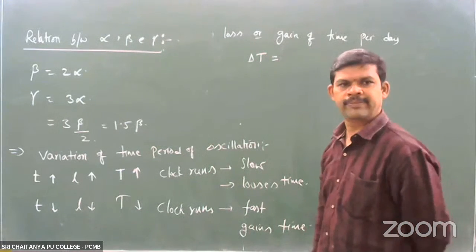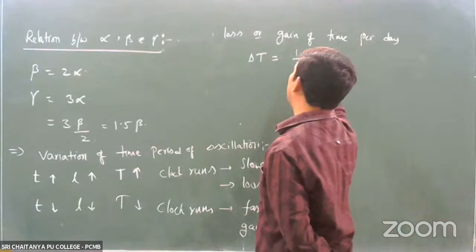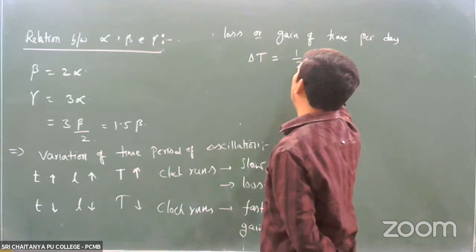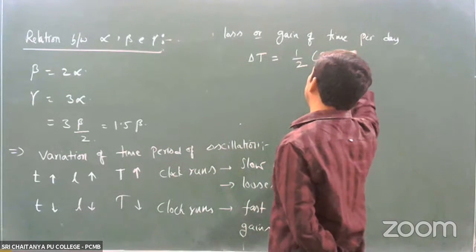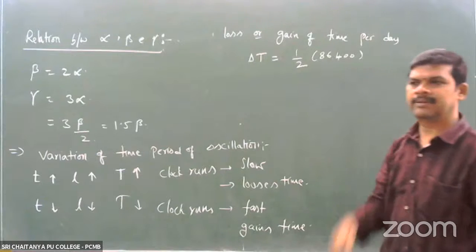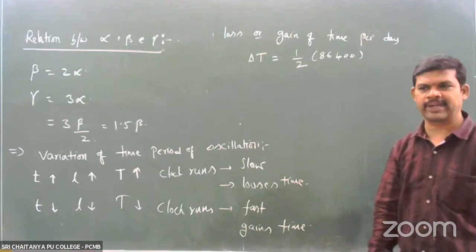Delta T. Half. 86,400. Am I correct? See that, 86,400.